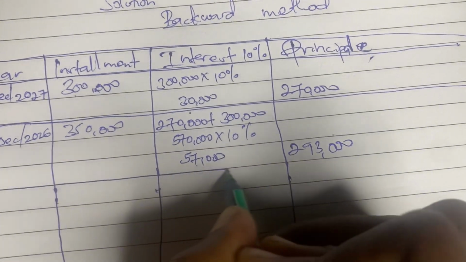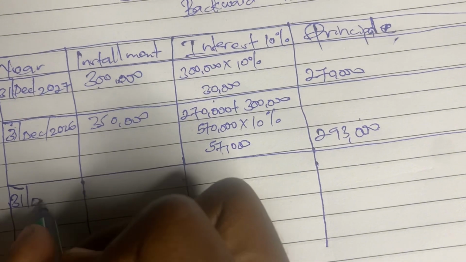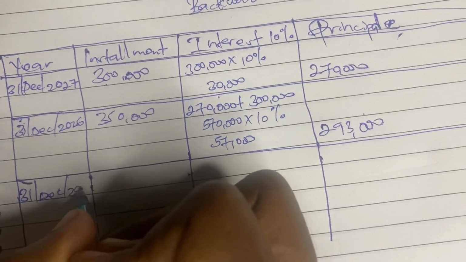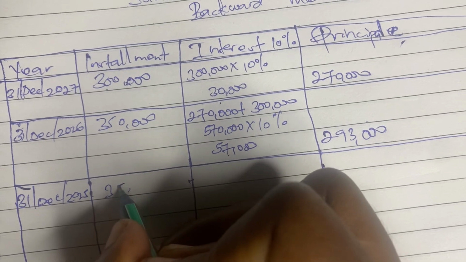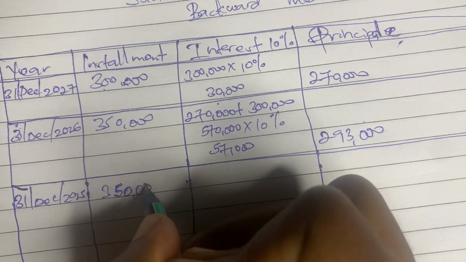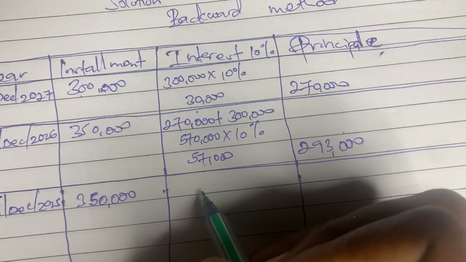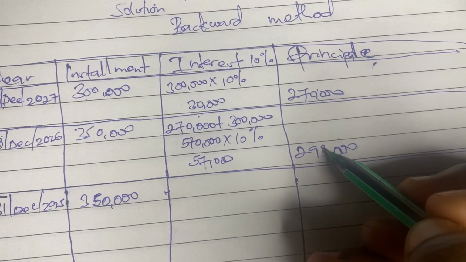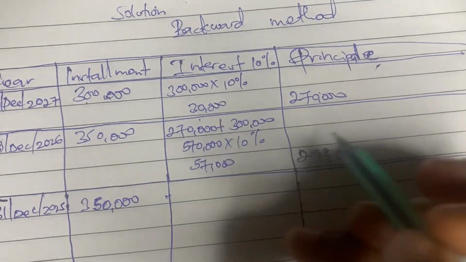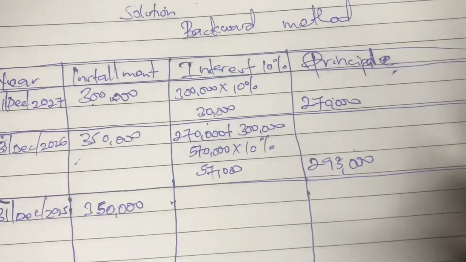Then we go to the next year, which is 31st December 2025. The installment was 350k. How do we get the interest? We get this plus this plus this, the principal plus the installment.